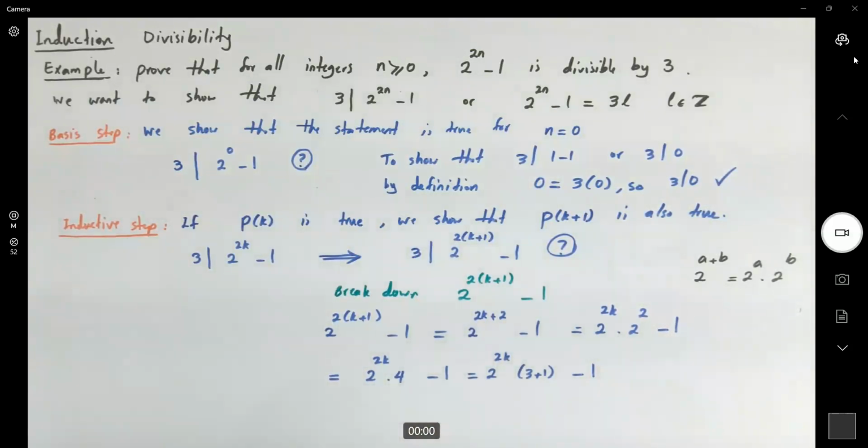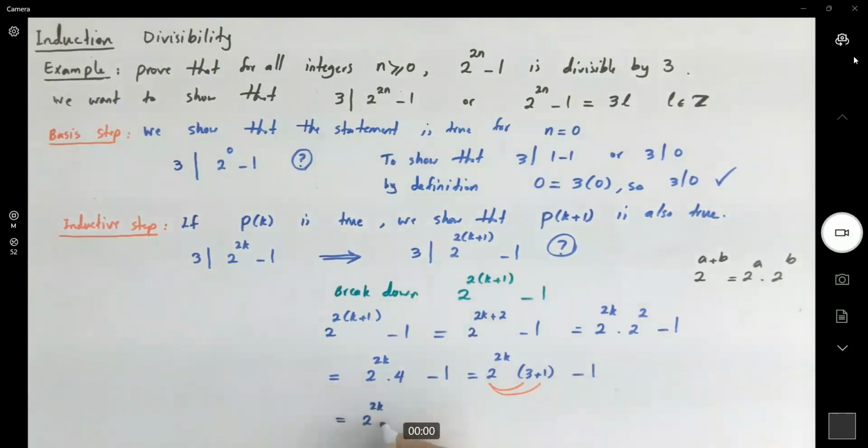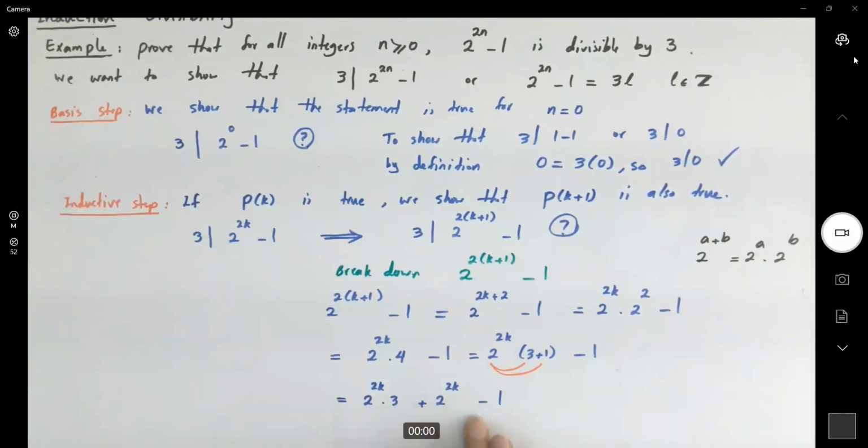Now distribute this guy into parentheses. What do we get? We get 2 to power 2k times 3 plus 2 to power 2k minus 1. Now stop. Try to analyze this addition, subtraction.